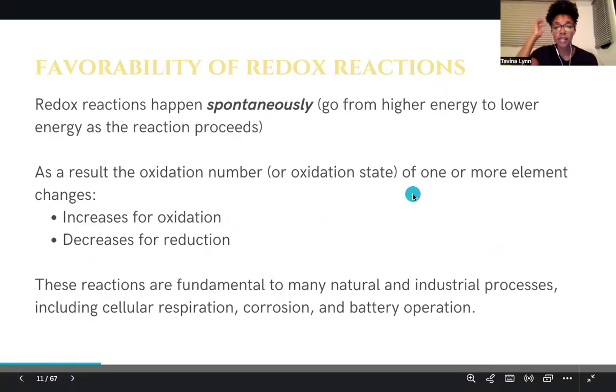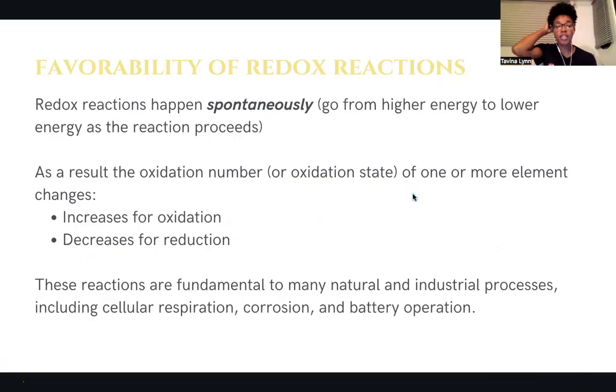And the last thing I want to say is these reactions have a ton of applications, both biologically or in nature, as well as different industrial processes. I mentioned powering electric cars. So there are many applications where these spontaneous redox reactions are fundamental to some process.